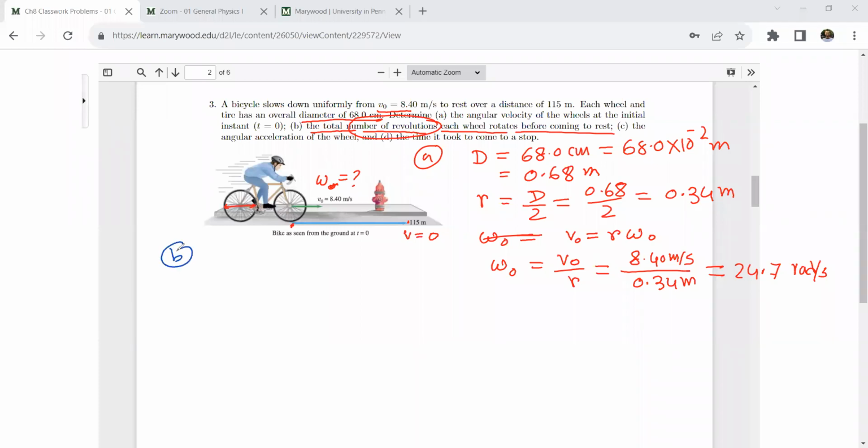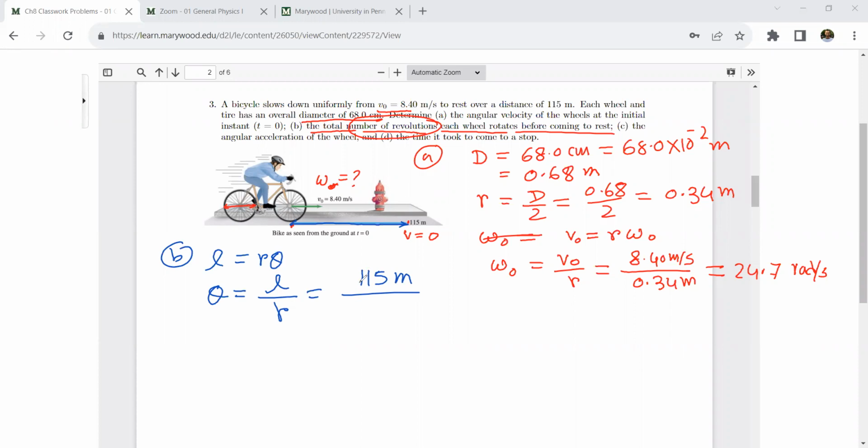Number B, the easiest way to calculate theta is to use this equation, L equals R theta. So theta equals L over R. L is this linear length, 115 meters.